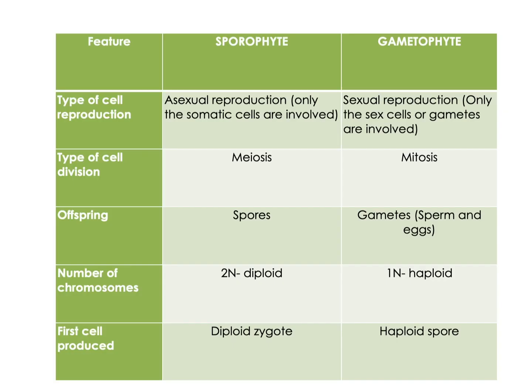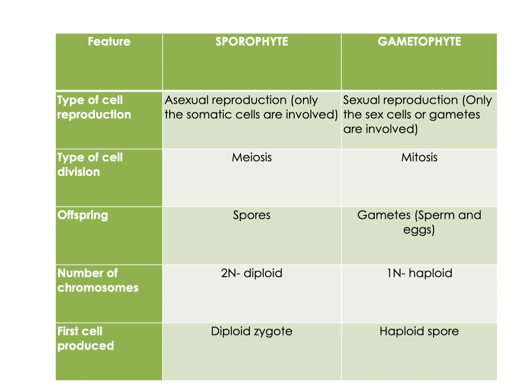So this table shows the differences between the sporophyte and gametophyte, in which the type of reproduction in the sporophyte is asexual reproduction, while the gametophyte is sexual reproduction. The cell division that occurs in the sporophyte stage is via meiosis, and in the gametophyte it is via mitosis.